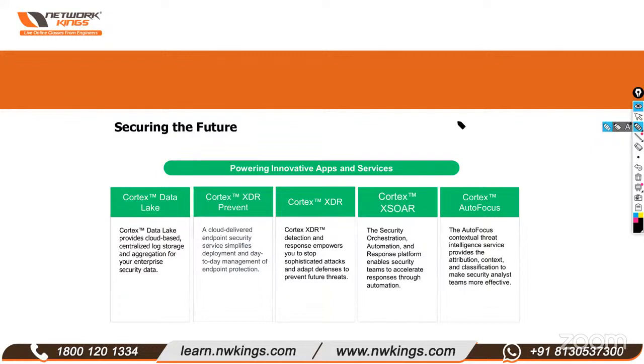Okay, now we have something called Cortex, and there are different products of Cortex. There are some features or services and applications you can use to protect your data or monitor the behavior of your network.